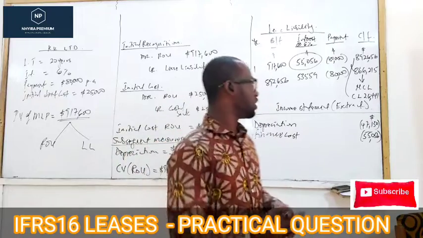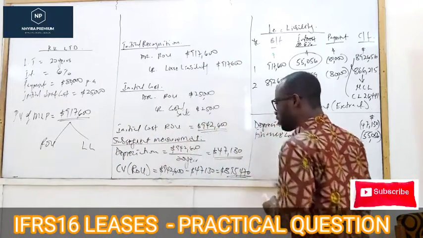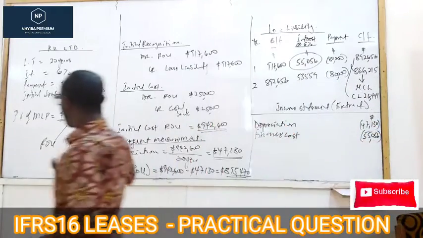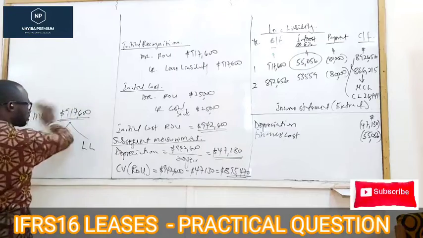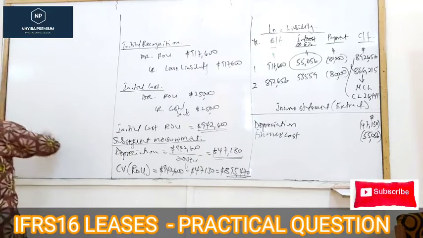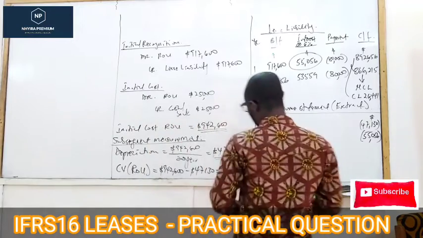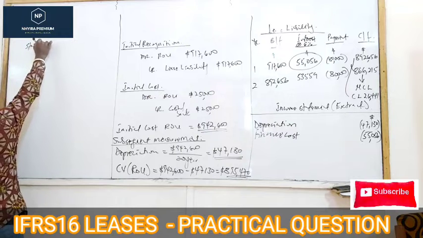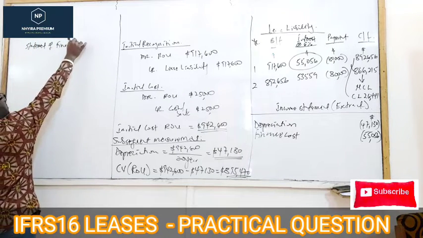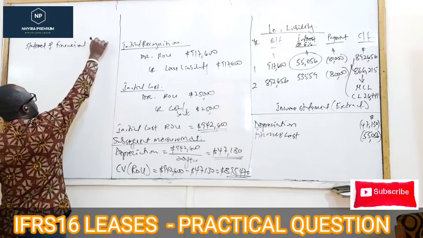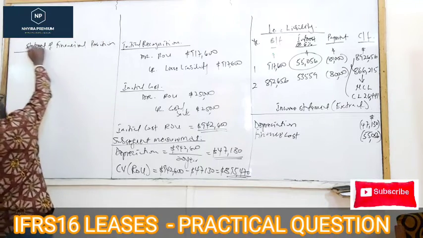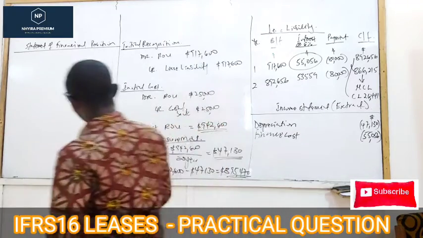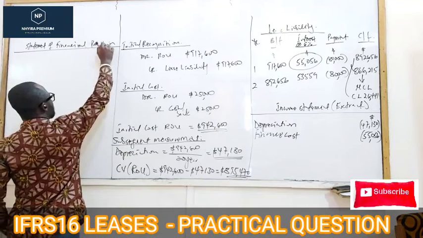Then we go to the statement of financial position. In the statement of financial position, under non-current liability, we're going to have this. So let me clean this place up so I can have my figure there. So the statement of financial position, let's bring up cash columns as well.